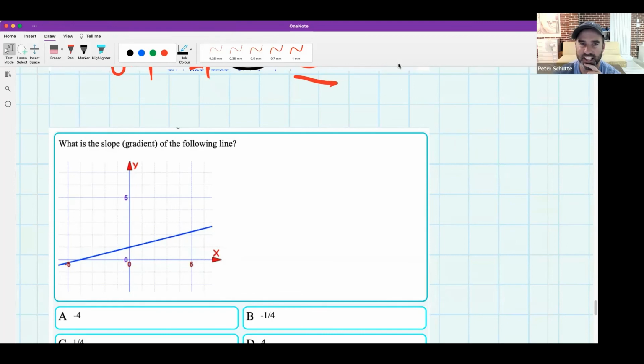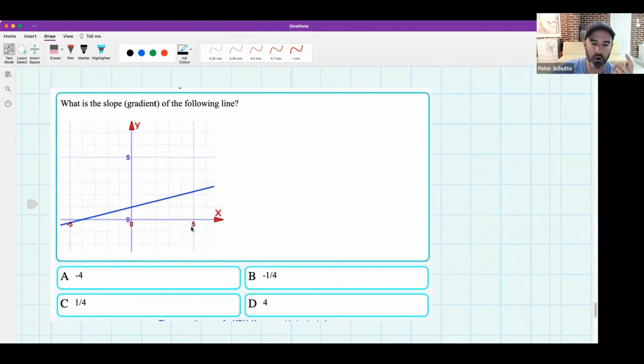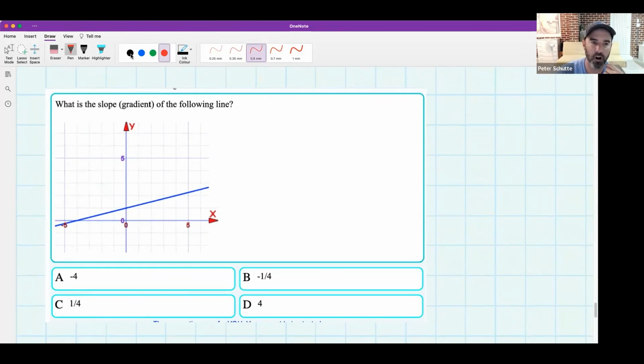Sorry, Mr. S, she's asking, are you going to teach us the rise and the run? We can go over that a little bit. Why don't we do that now, just quickly, before I go? Okay, so if you look at the graph that's here now, if you want to find the gradient of this line, there's two ways of doing it. The one is to manually count it. The other one is to use the formula.